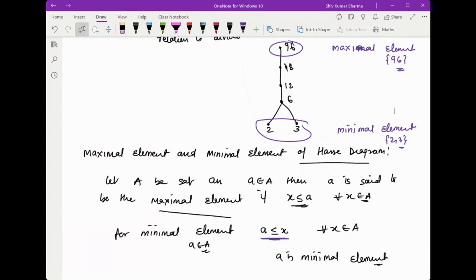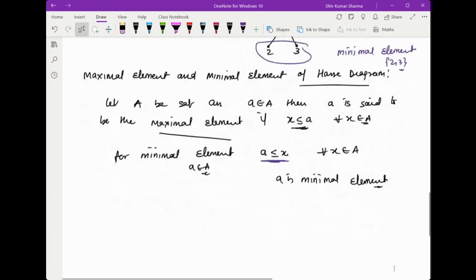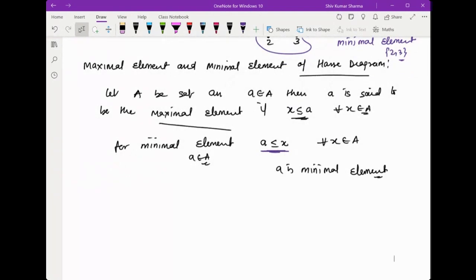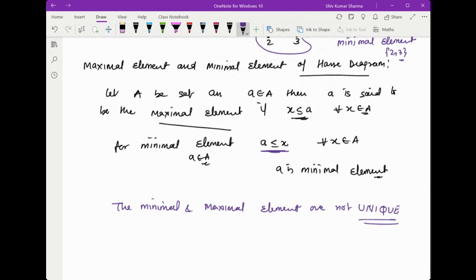Remember in the note: the minimal and maximal elements are not unique, which may be more than one.